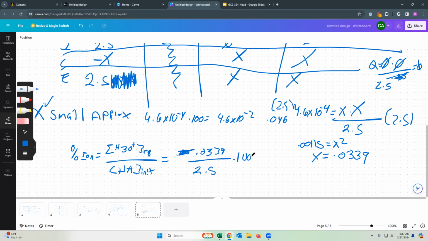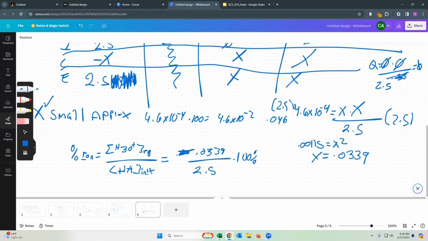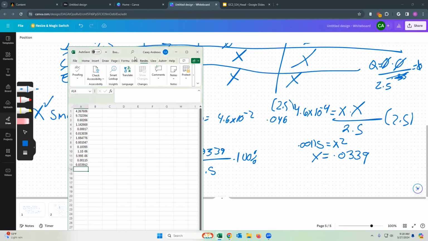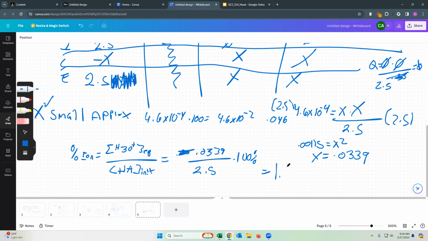You multiply that by 100%. Remember, it's how much acid broke down, so minus X, or it's X, right? Divided by what you started with. So 0.0339 divided by 2.5. I take that number times 100. And my percent ionization is 1.36%. What this means is that 1.36% of my acid broke down.